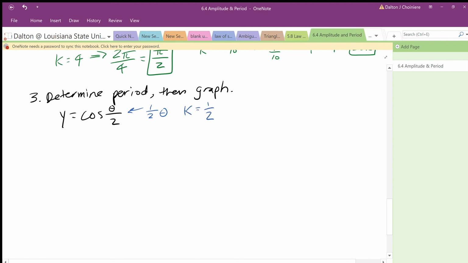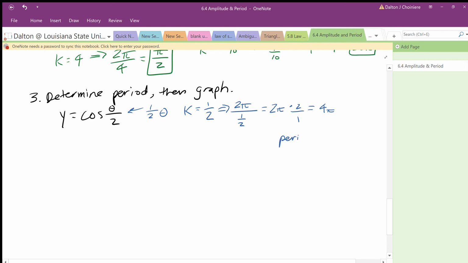So if k is equal to 1/2, then that implies that my period is 2 pi over 1/2, which again, dividing by a fraction is the same thing as multiplying by the reciprocal. So that'll be 2 pi times the reciprocal of 1/2, which is 2 over 1. We multiply straight across, and we've got 4 pi.